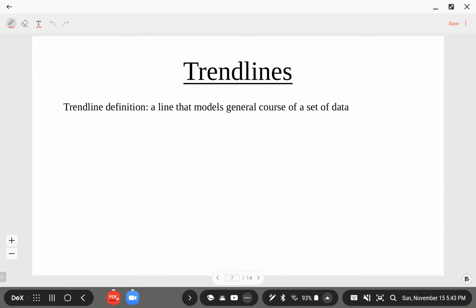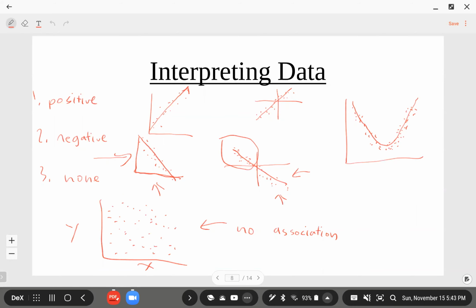Trend lines are lines, they can't be curves. So when we have data like this, we just call it non-linear. This is a non-linear association. But most of the problems will just be on positive, negative, and no association.